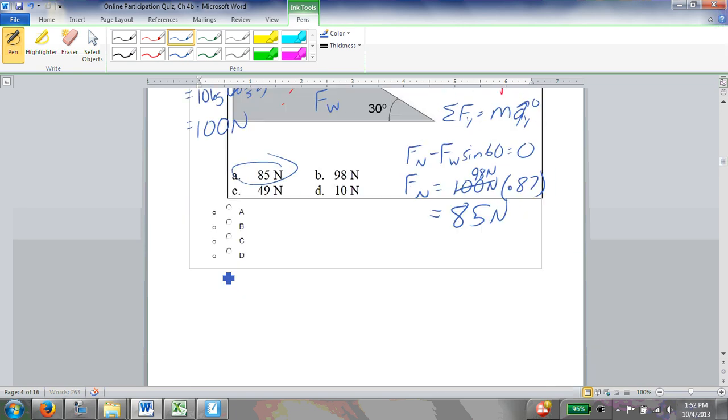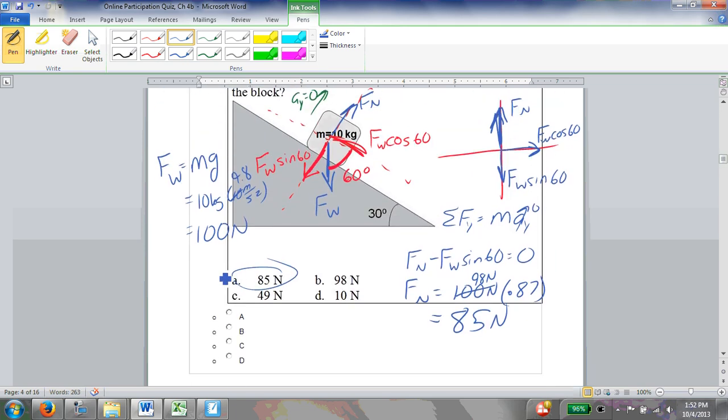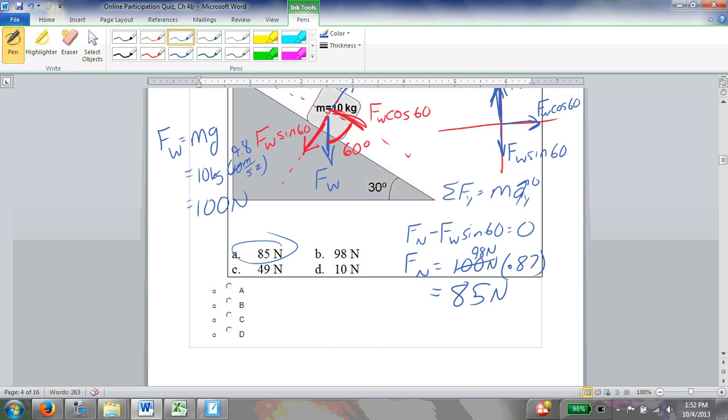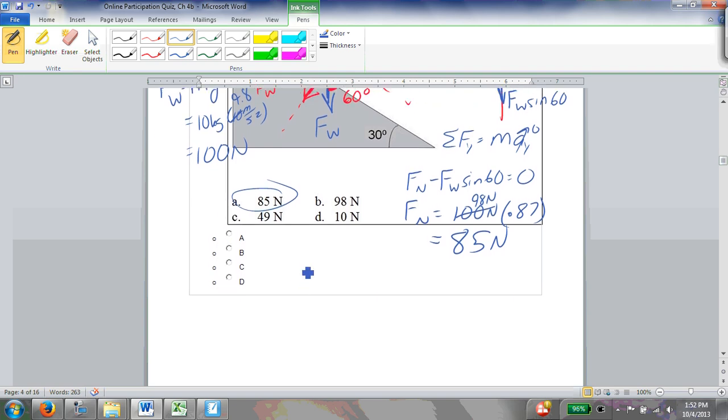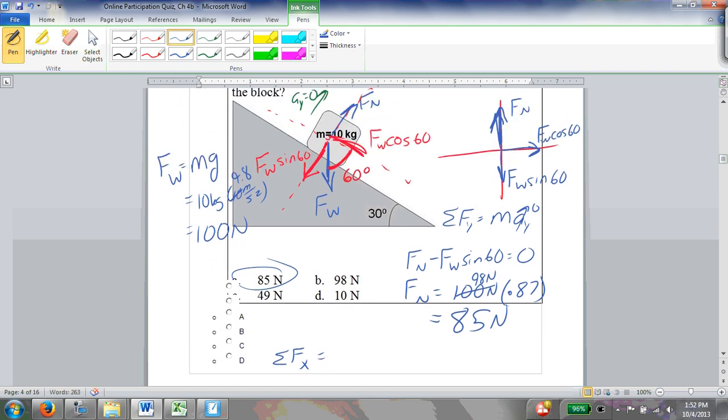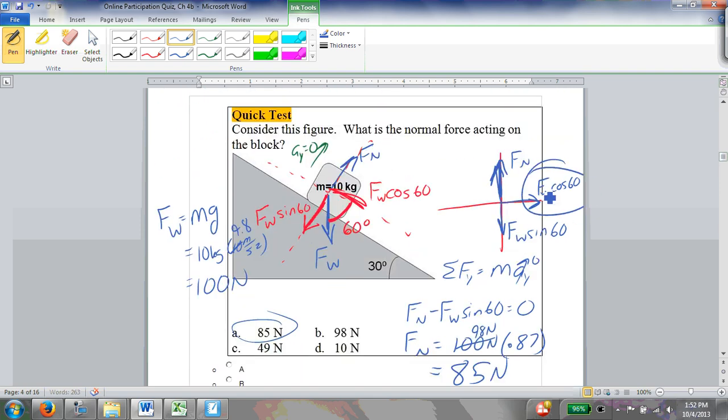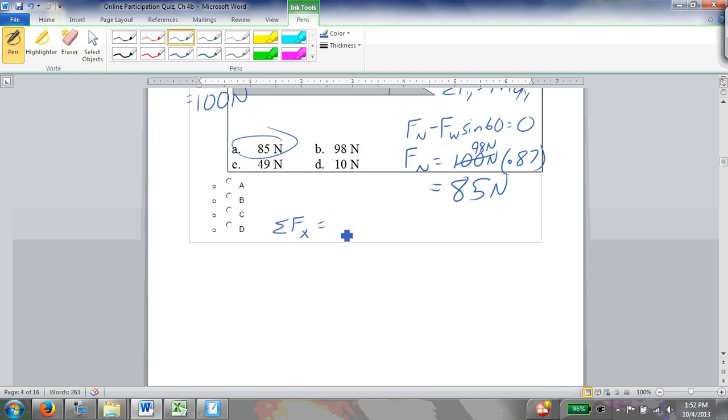Let's see. I think I asked another question on the screencast. I'm going to go and address it here. If I didn't ask it, it's a worthwhile question anyway. What is the acceleration of this block as it accelerates down the inclined plane? Well, in that case, we want to look at the sum of the forces in the x direction. And the sum of those forces, notice there's just one force, and that's that F_W cosine 60. And I know that that's equal to m a_x.